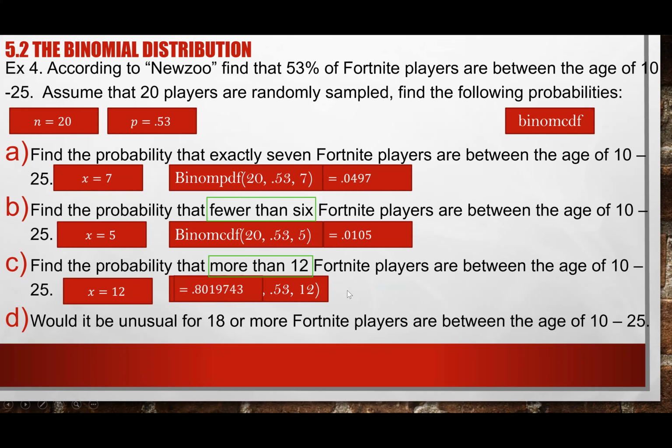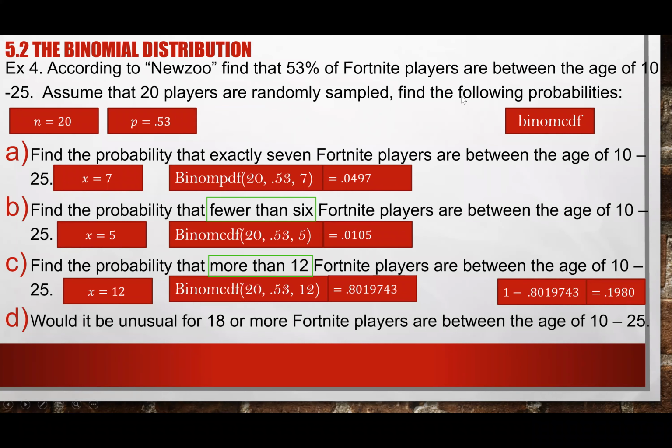Reminder that this is not our answer, because this is only the item on the left-hand side. Because it's more than 12, I have to take 1 minus the answer from your calculator, because the calculator can only give you the item on the left-hand side, okay?